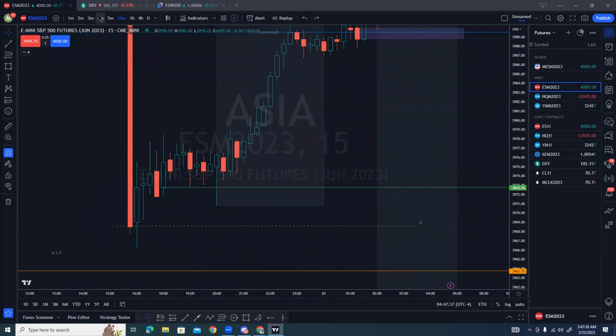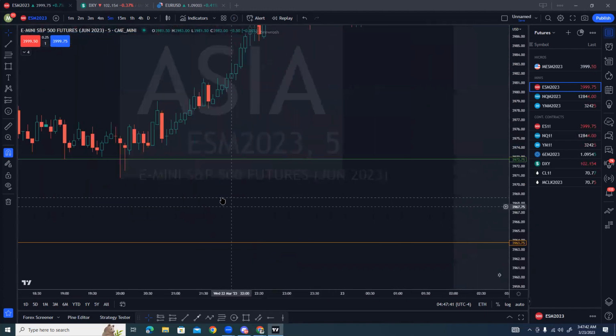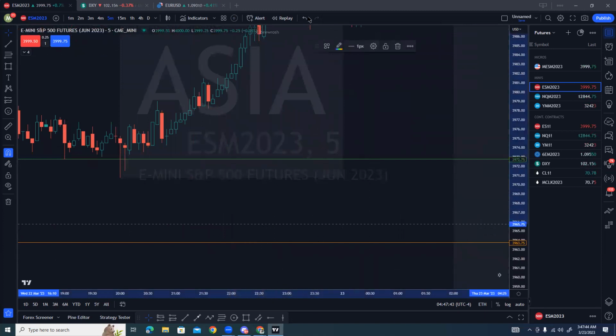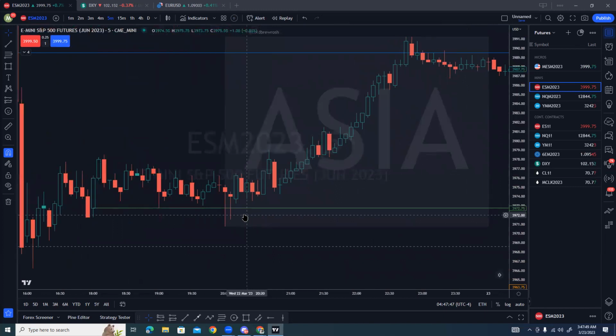So if we drop into the 5-minute chart, see what we can do. Stop grabbing things. I've got so much stuff on my charts. So he'll mark out, we've got a break of structure, add that break of structure, fair value gap.